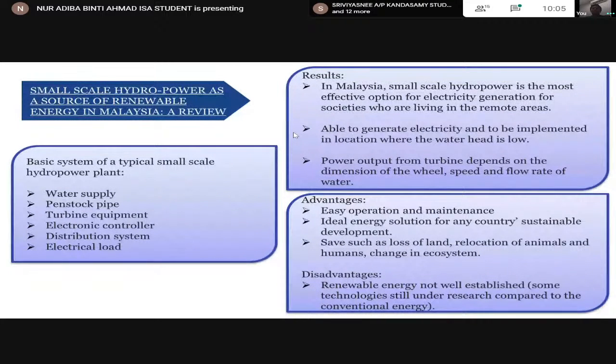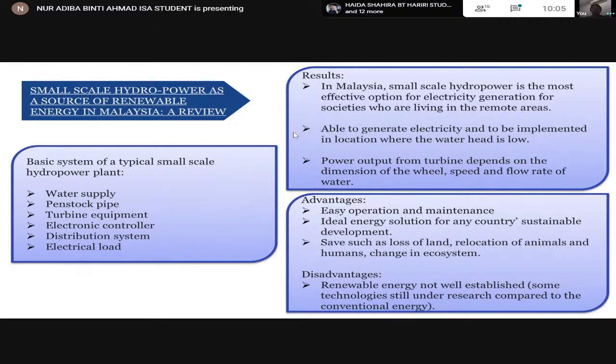The last research paper that I take is small scale hydropower as a source of renewable energy in Malaysia, which is a review. It states that the basic system of a typical small scale hydropower plant are water supply, penstock pipe, turbine equipment, electronic controller, distribution system, and electrical load.